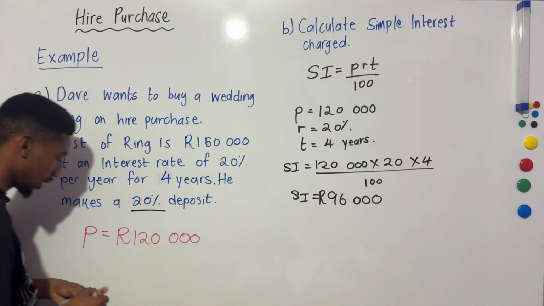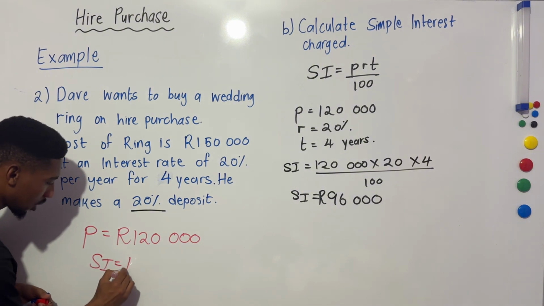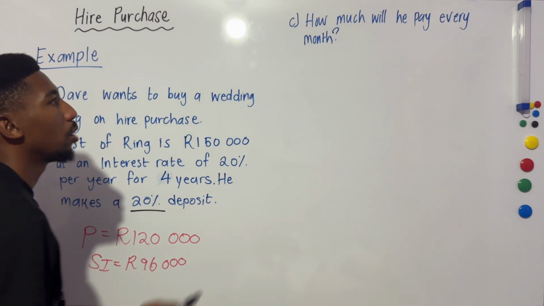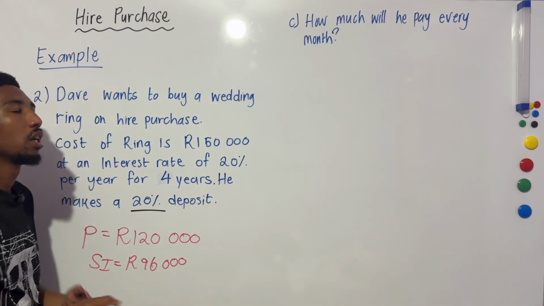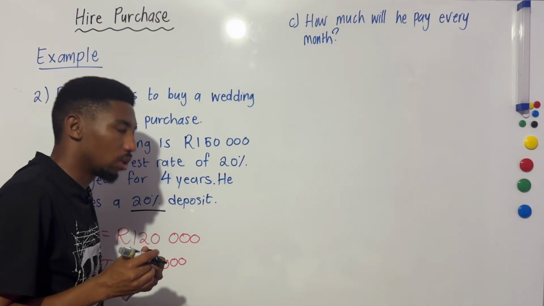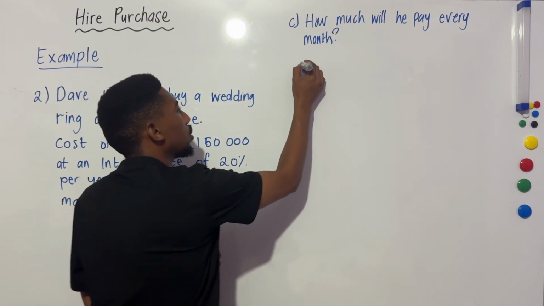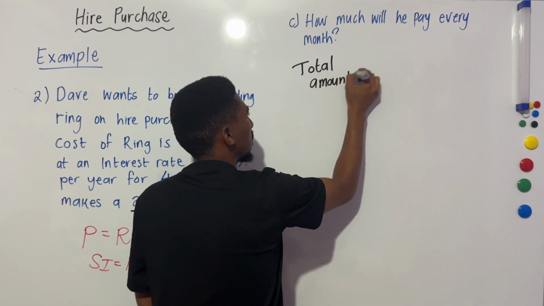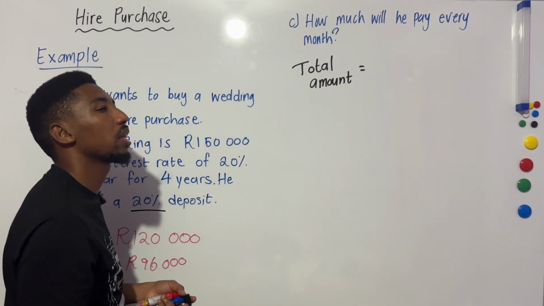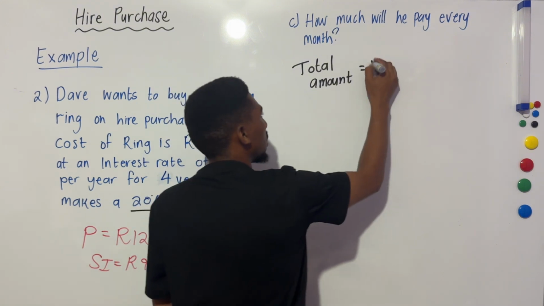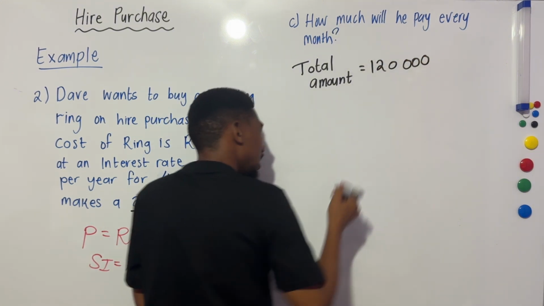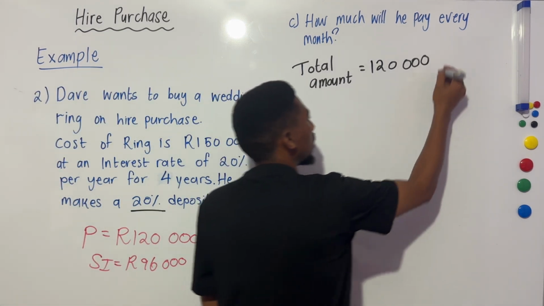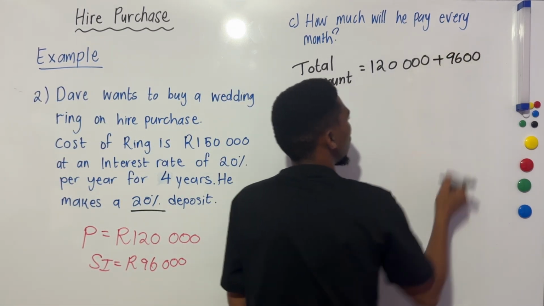Right, so we take that information down, which is 96,000 Rand. Now, how much will he pay every month? In order for us to know how much he will pay every month, we need to know what is the total amount he has to pay back. And we know he has to pay back the 120,000, and also the simple interest of 96,000 Rand, like we had in our previous answer.